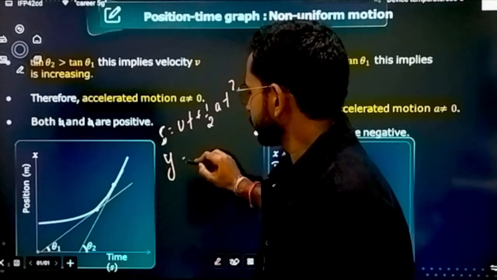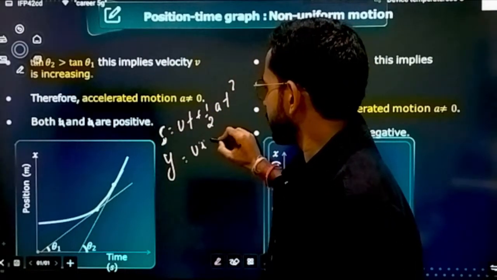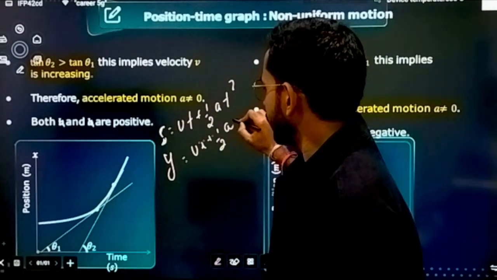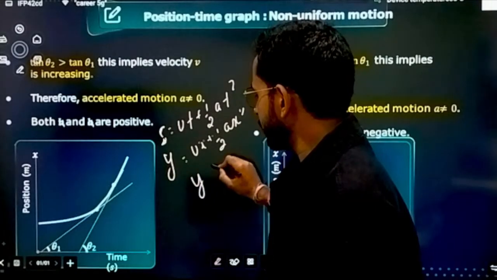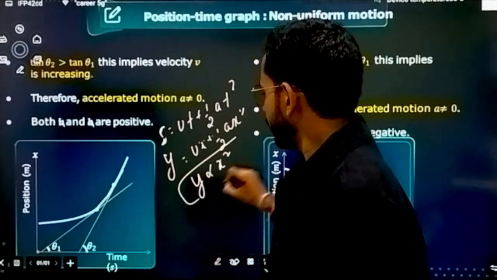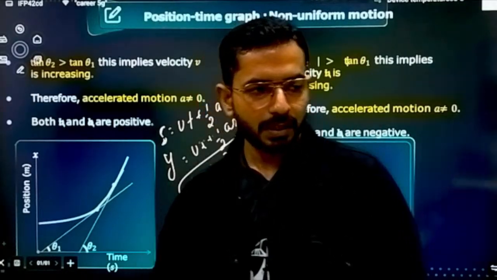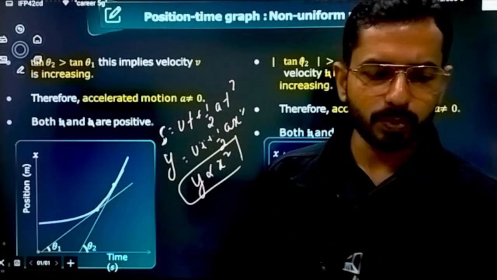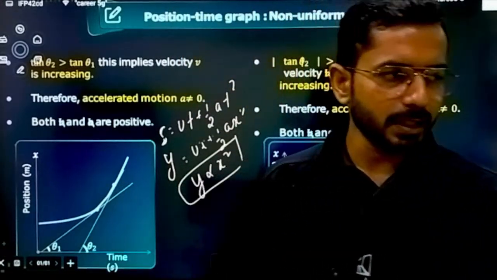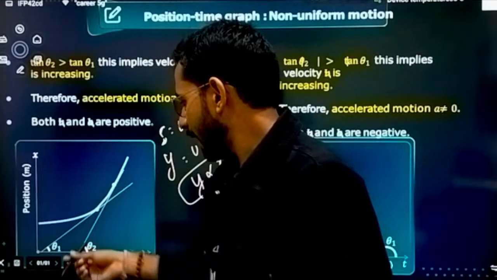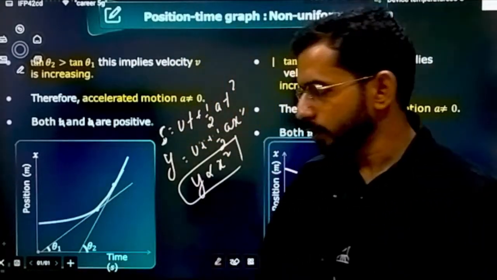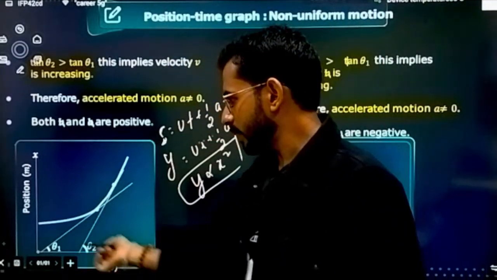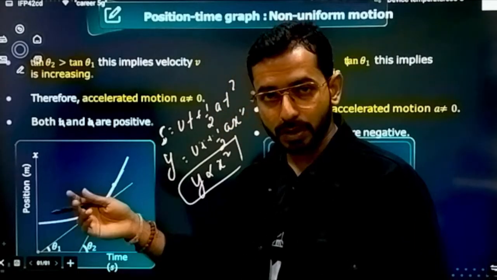This is y, this is x, plus half into a x square. So can I say y is proportional to x square? That means it is a quadratic equation. If it is a quadratic equation, I can say simply that it is going to be a parabola. A quadratic equation gives me what? A parabola. If you are having a slope of this position versus time, it is going to give you what?